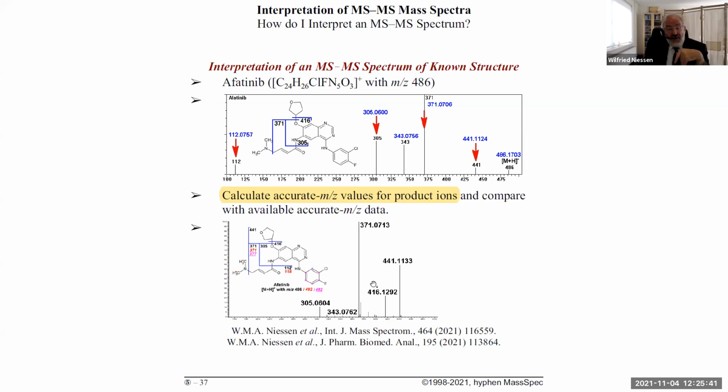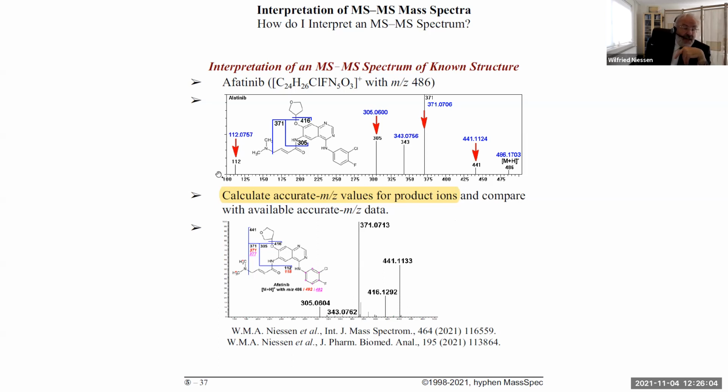And in the ion trap MSMS spectrum, you also see the 416 ion, and the 416 ion would be consistent with just the loss of the 5-membered ring, something which we didn't see in the collision cell CRD. So basically, from the information which we have from the ion trap, we could confirm this fragmentation.